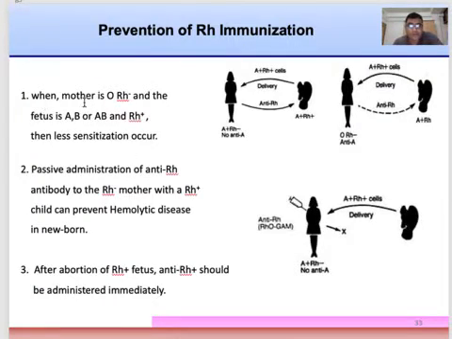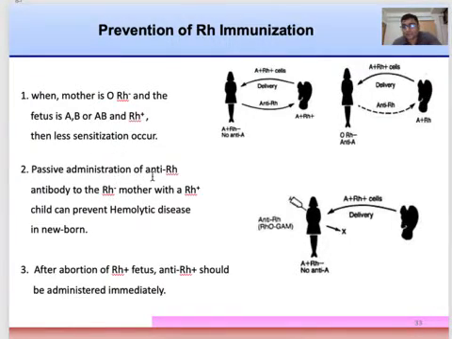First, when the mother's blood group is O negative and the fetus is AB or AB positive, less sensitization occurs. Very little sensitization will happen.